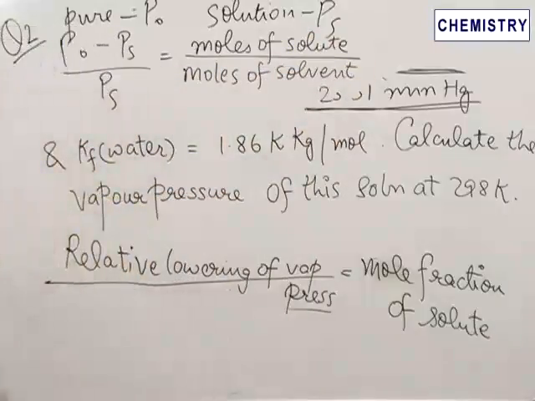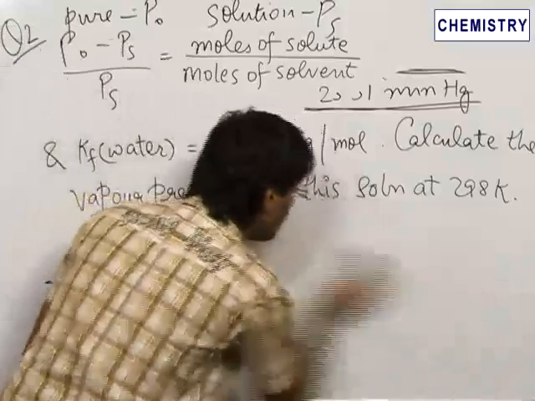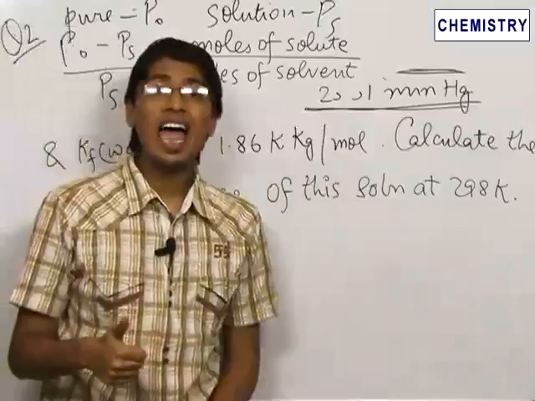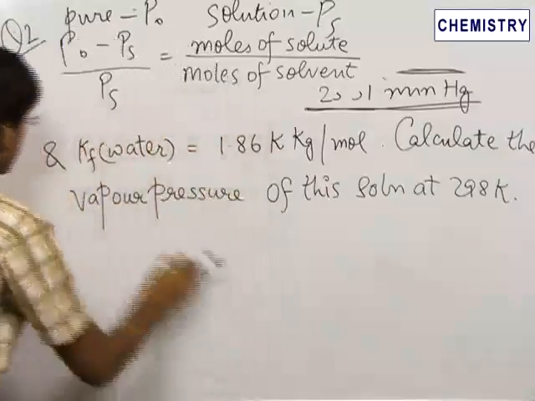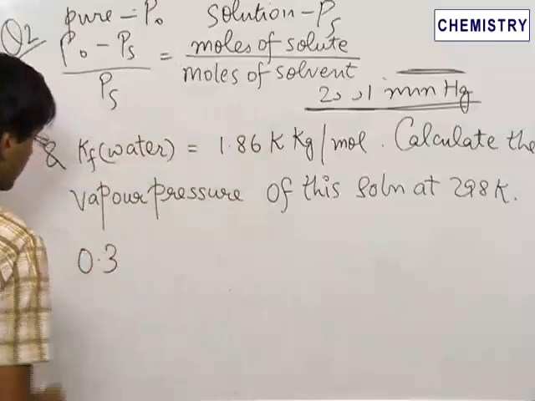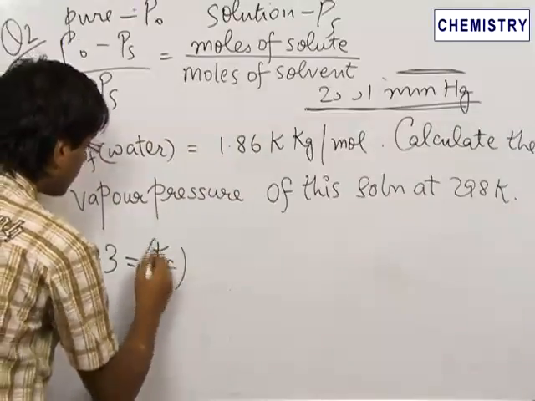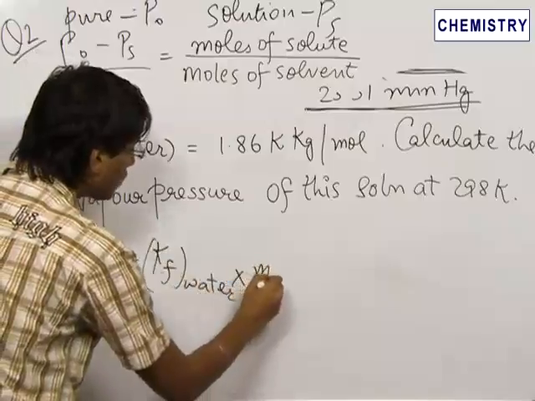Also in the problem, we are given the fact that the new solution freezes at minus 0.3 degrees Celsius and earlier there was water which freezes at 0 degrees Celsius. So there is a depression of freezing point by 0.3 degrees Celsius, and this we know is equal to Kf of water into molality of the solution.